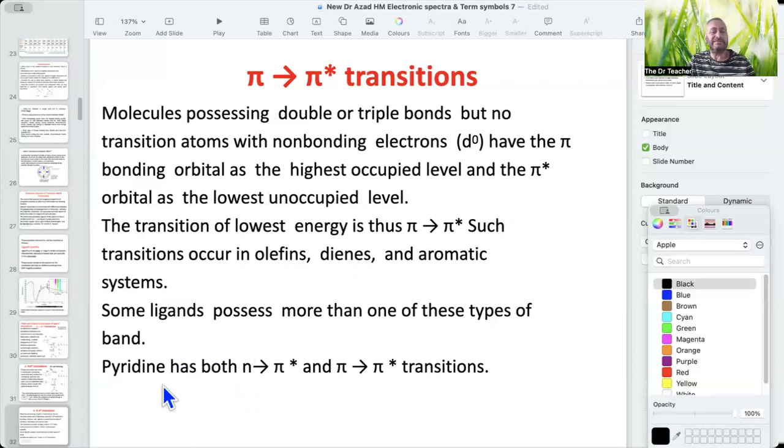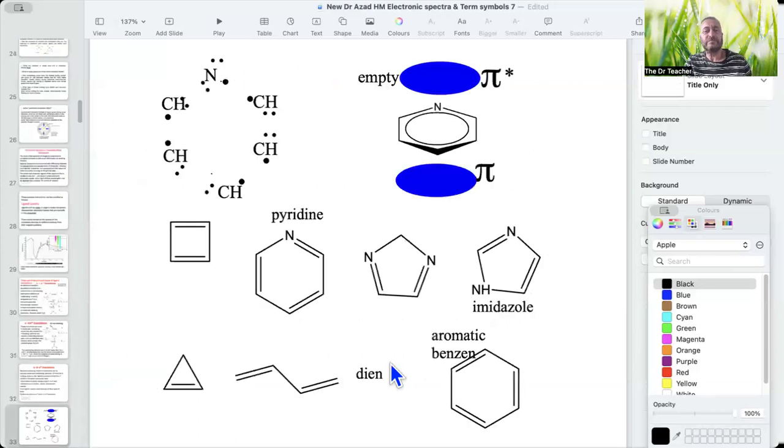Pyridine can have both n to pi star and pi to pi star. So from the lone pair to the unoccupied pi antibonding, or from the pi to the pi antibonding. You can see here, this is the pi, and it's above the ring.